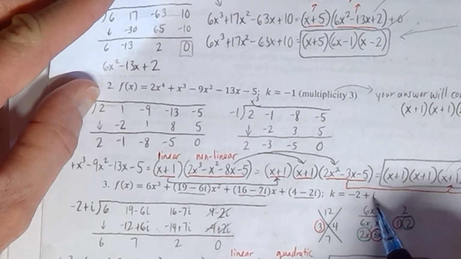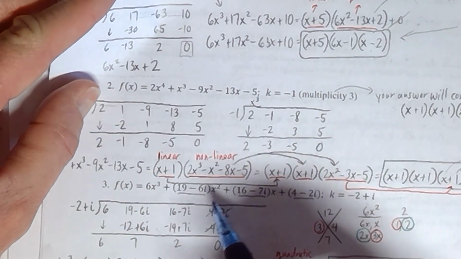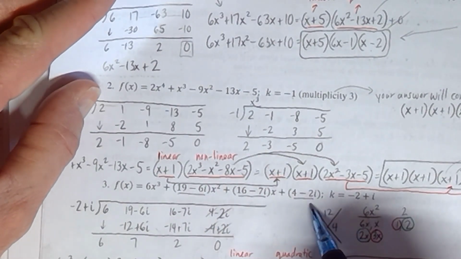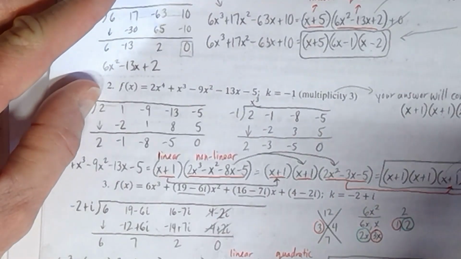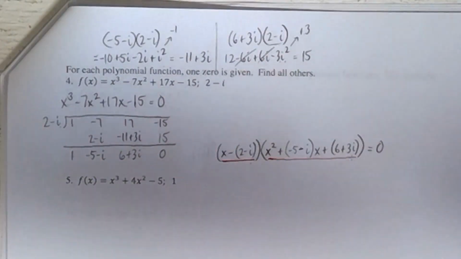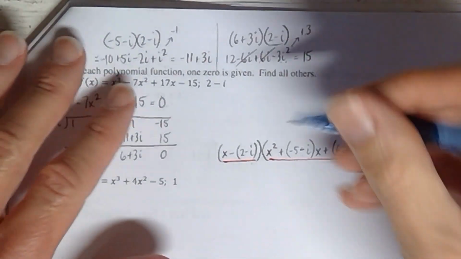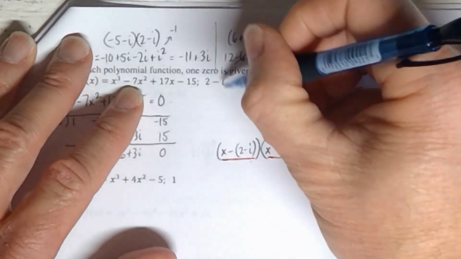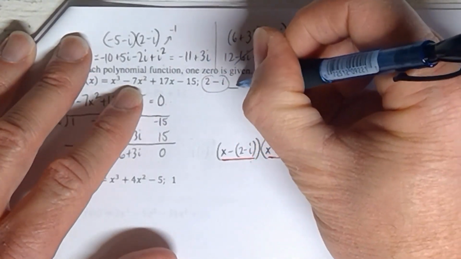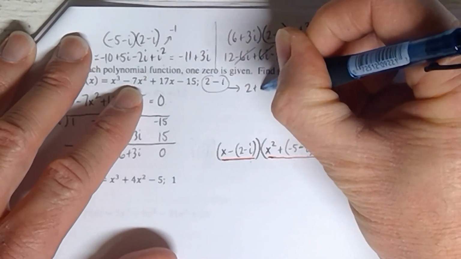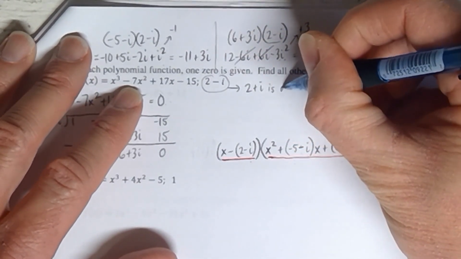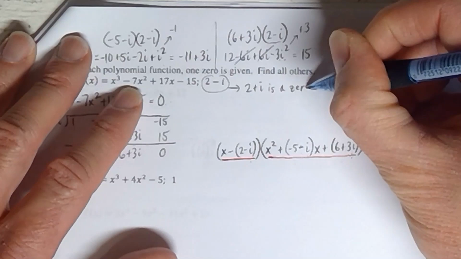No, you can't. Not in that case, because the coefficients were not real. All right? So, because 2 minus i is a 0, that also automatically means that 2 plus i is a 0, too.